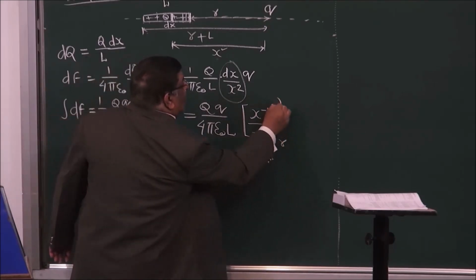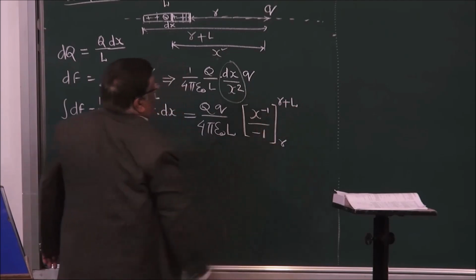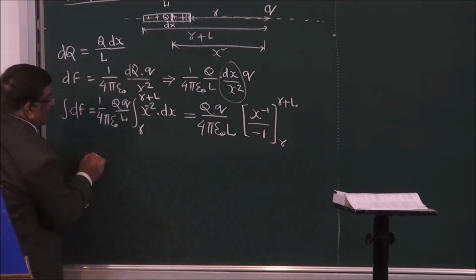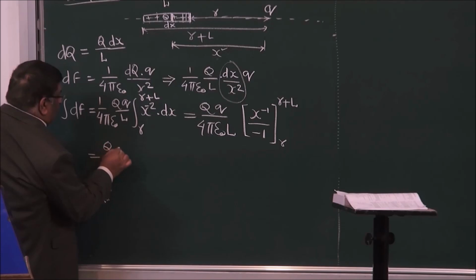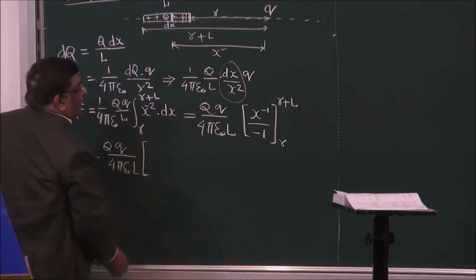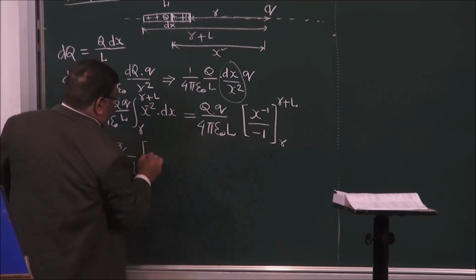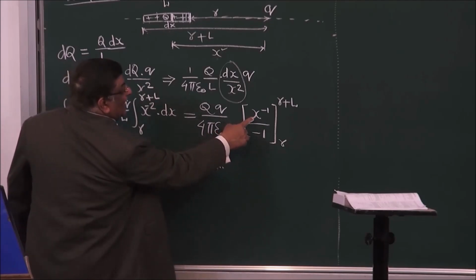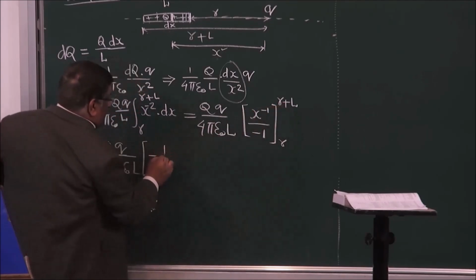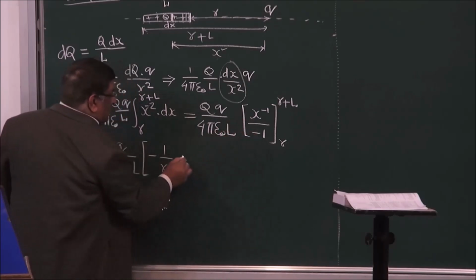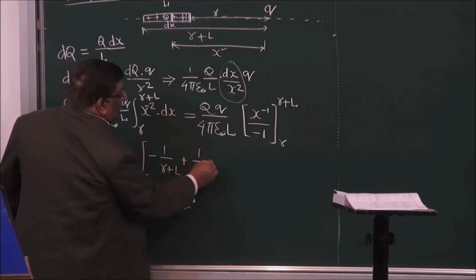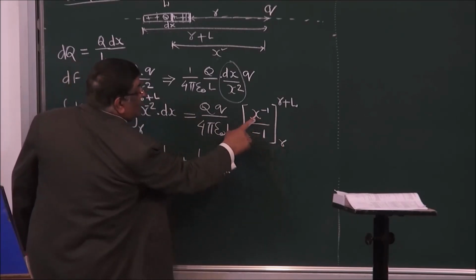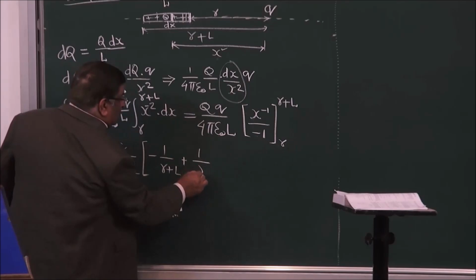R and R plus L. This is equal to Q upon 4 pi epsilon naught L. Inside, first, minus 1 upon x, 1 upon R plus L, minus of minus, plus 1 upon x, in place of x we write R, so this is R.